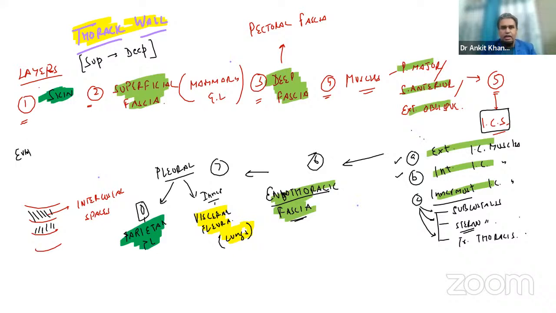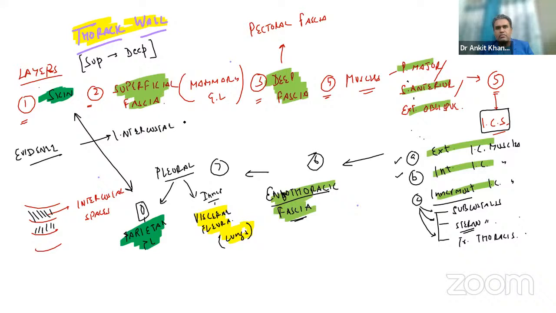So the evidence, let me write it directly over here, is why only till parietal pleura we include the thoracic wall. The thoracic wall is from skin to parietal pleura. The reason is that between this skin and parietal pleura, whatever comes, excluding the upper limb muscles, is all supplied by intercostal nerves.